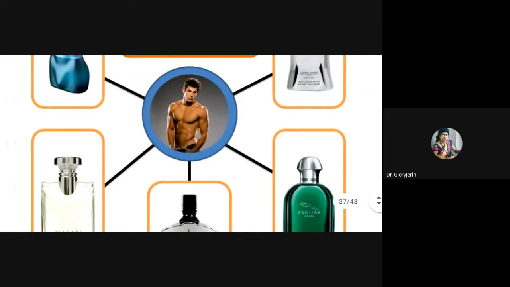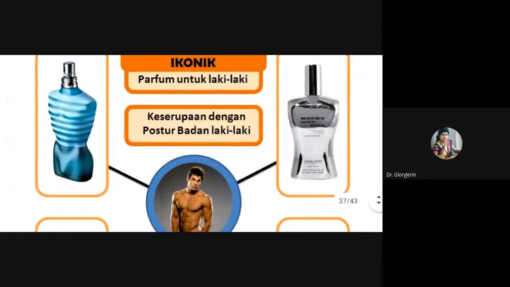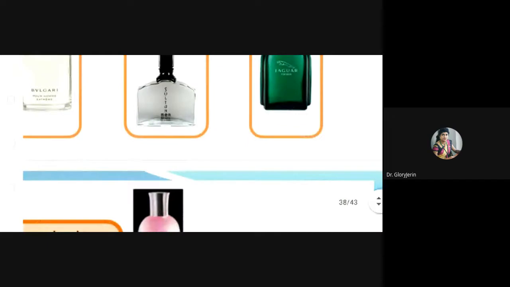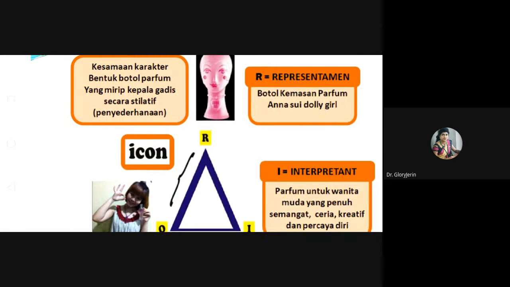We can interpret the iconic characteristic of the perfume for whoever uses it. This is for women, gender for women. This is for girls, cute girls.